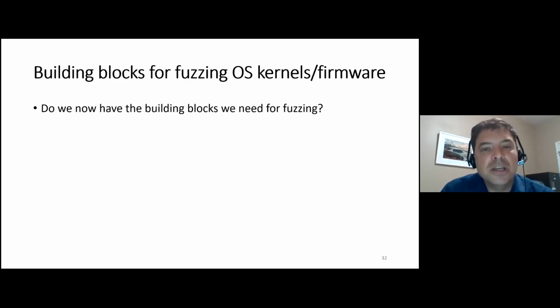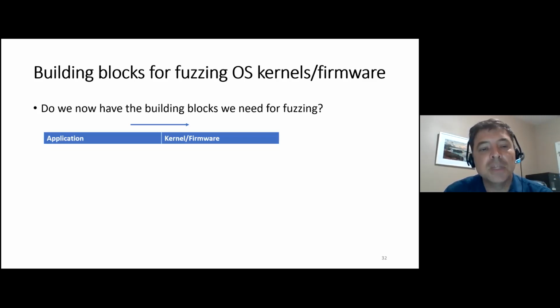If you think about what you've seen with layering hypervisors and putting kernels inside virtual machines, and having either the MTF tracing, where you single step the virtual machine, or Intel Processor Trace, you might start to conclude you have some of the building blocks for what it would take to bring fuzzing to an OS kernel, or even a hypervisor, or firmware as well, because there can be firmware in those virtual machines.